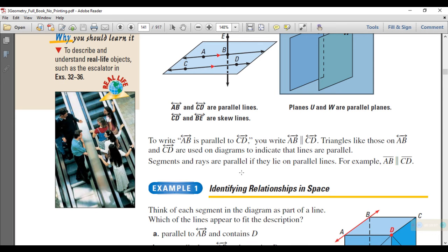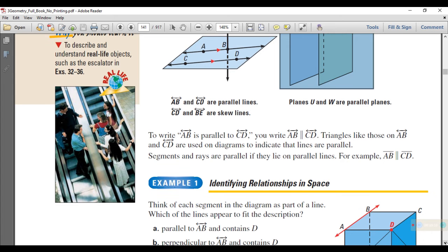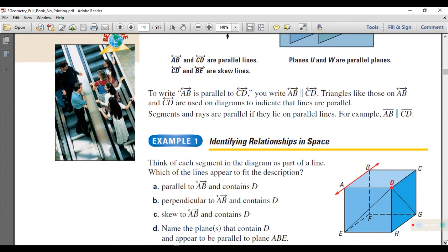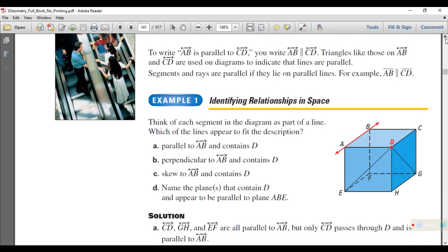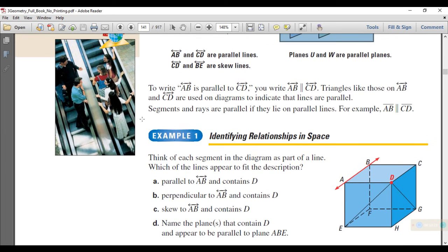Now, we have example number 1, identifying relationships in space. Think of each segment in the diagram as part of a line. Which of the lines appear to fit the description? Kunyari, hindi muna natin alam yung solution.